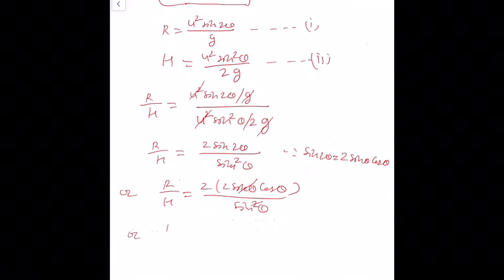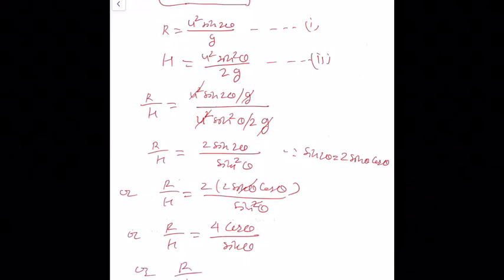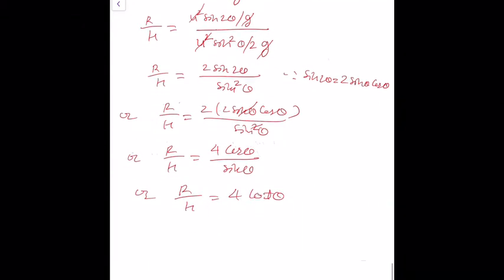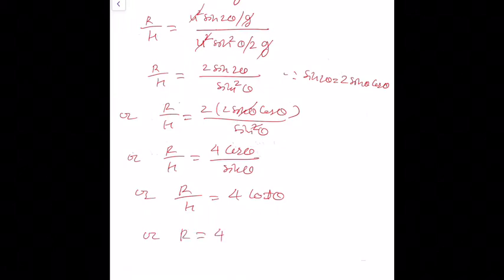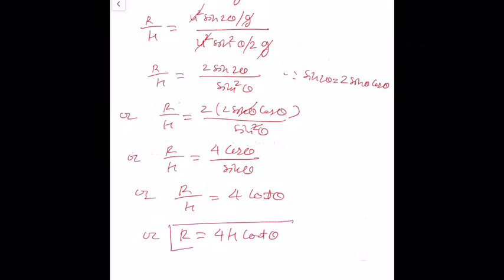Cancel sin theta to sin theta. So R upon H is equal to 4 cos theta upon sin theta, or we can write R upon H equals 4 cot theta, since cos theta upon sin theta is equal to cot theta, or R equal to 4H cot theta. It is an important relation.